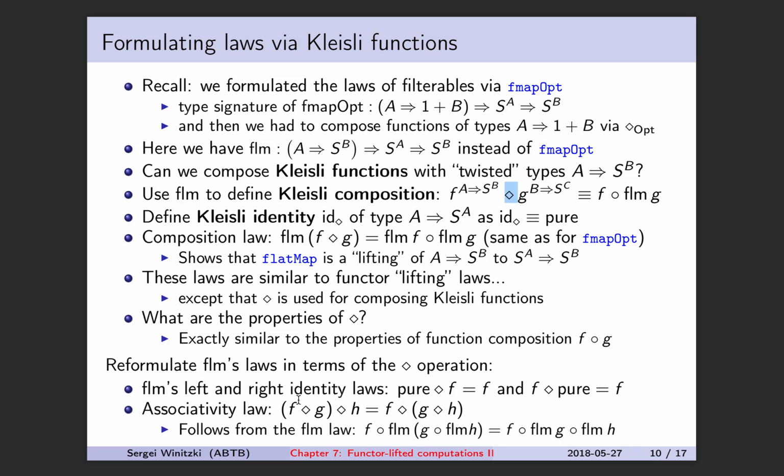So these are very similar to the laws of ordinary function composition, except we use this Kleisli composition instead of ordinary composition, and we use pure, which is a special kind of function, instead of the identity function.